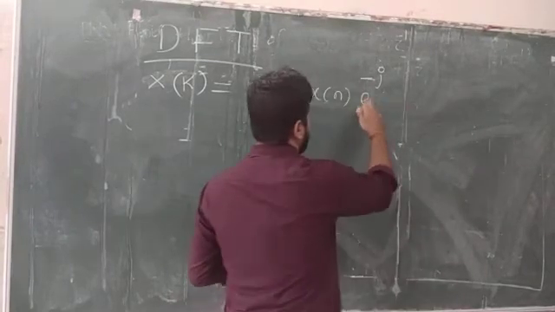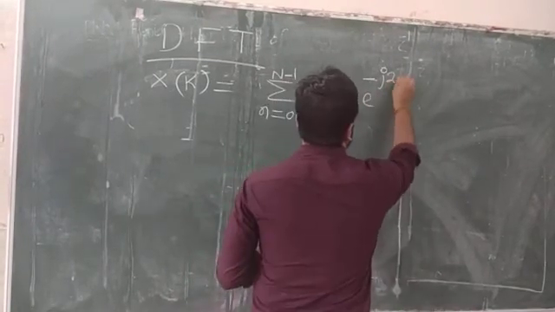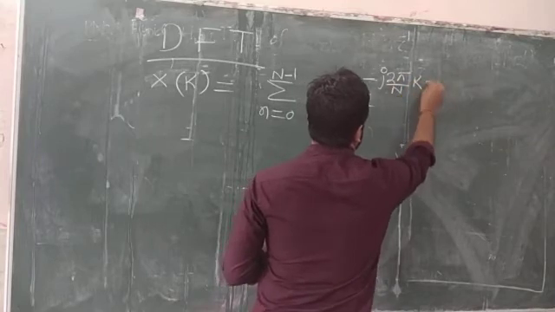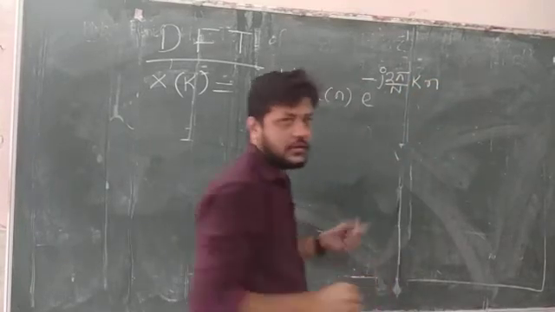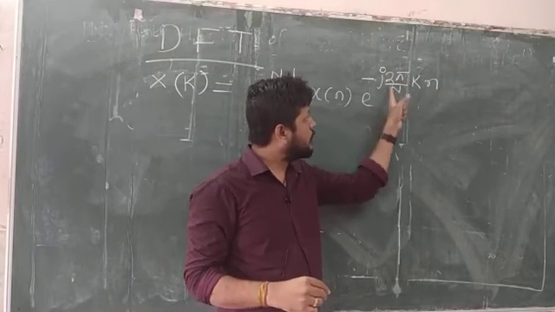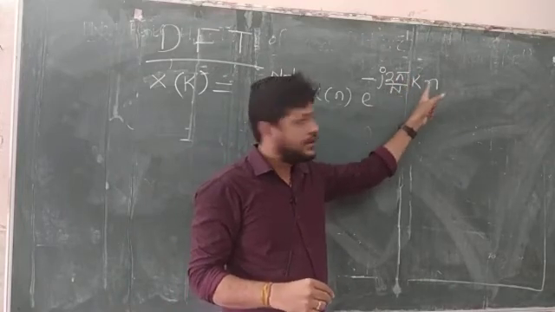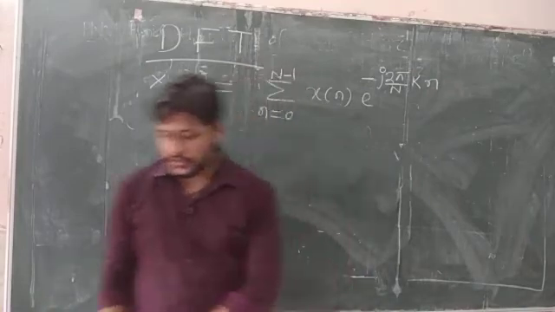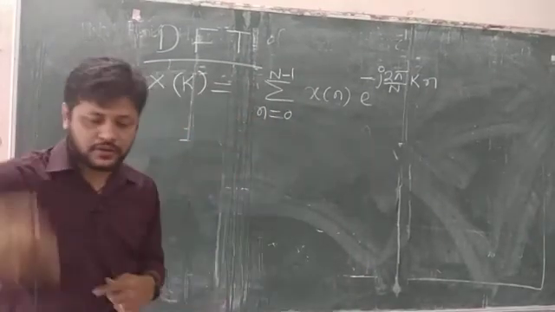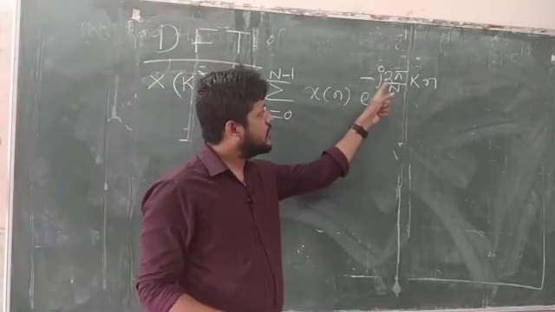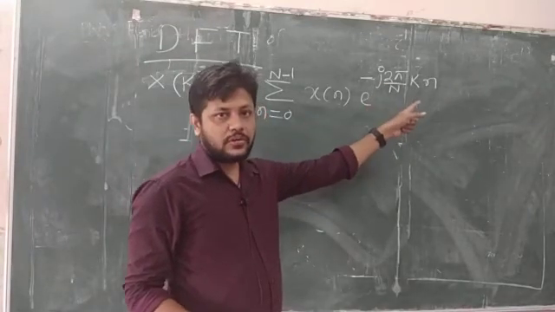So x of n e to the power minus j 2 pi by N k n, with both k and n. Obviously this omega is replaced by 2 pi by N into k into n. This is the definition of the discrete Fourier transform: x of n into e to the power minus j 2 pi by N into k into n.